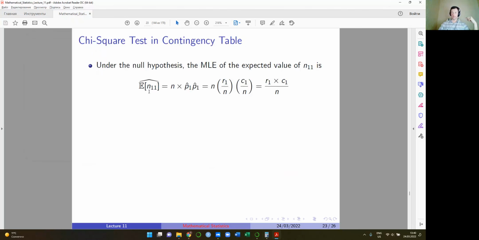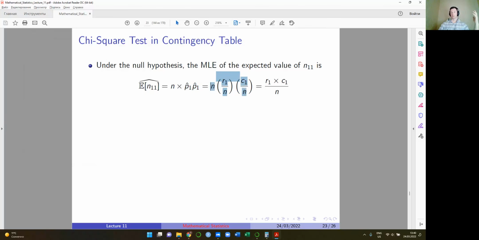So the estimate of the expected cell count equals n, the total number of observations, multiplied by the estimate of the probability that we are in the first row, and the estimate of the probability that we are in the first column. Those two must be different, right? Probably I must put some dots here, whatever.